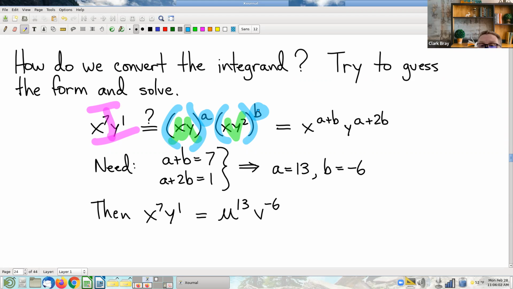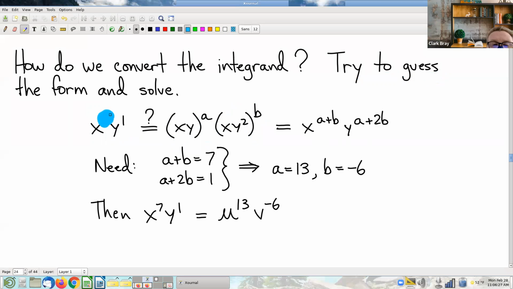So now this is a guess. This is pure speculation, right? My assertion here that I can raise u to some power and multiply by v to some power to get the integrand that I've ended up with is a hope, right? But you can see how that's a reasonable hope. Your guess is going to be different every time, different for every question. In this case, it works out well.